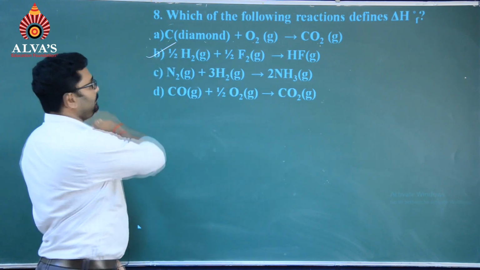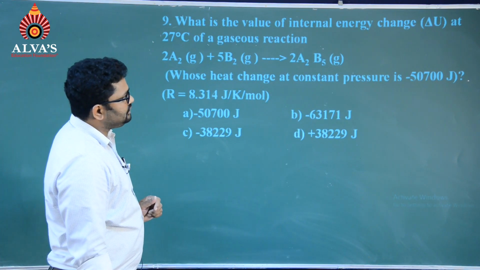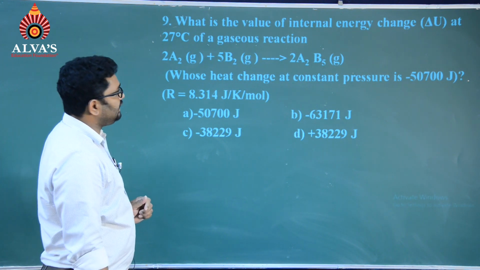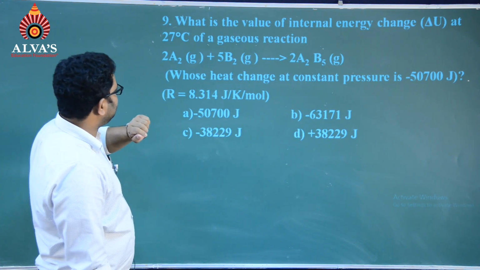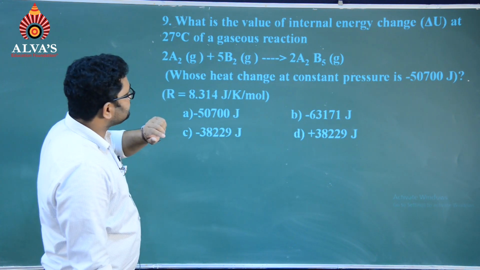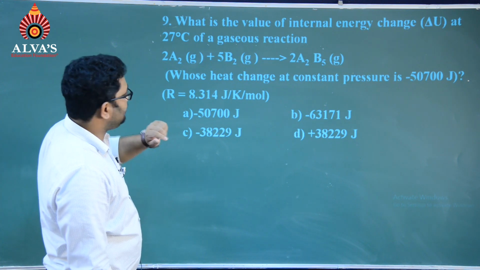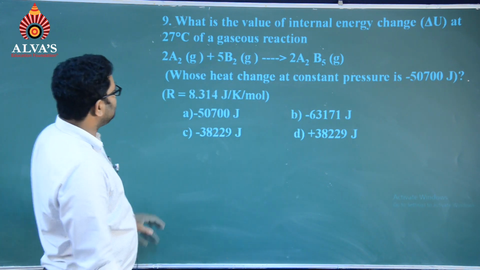Hence, the answer is B. Question 9: what is the value of internal energy change, that is delta U, at 27 degrees Celsius of a gaseous reaction whose heat change at constant pressure is minus 50,700 joule, and the R value has been given. We have 4 options.